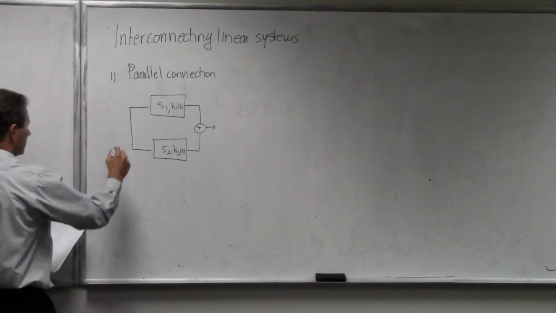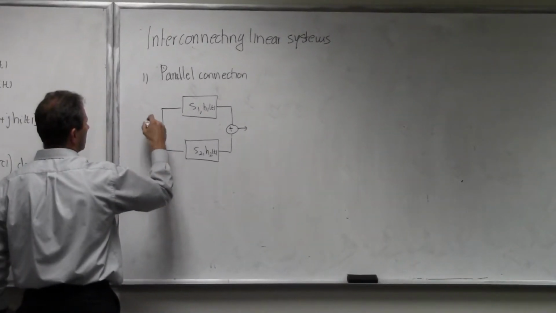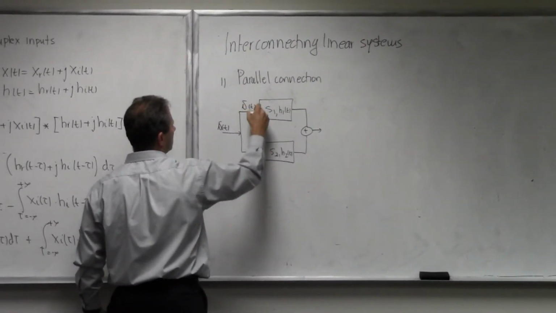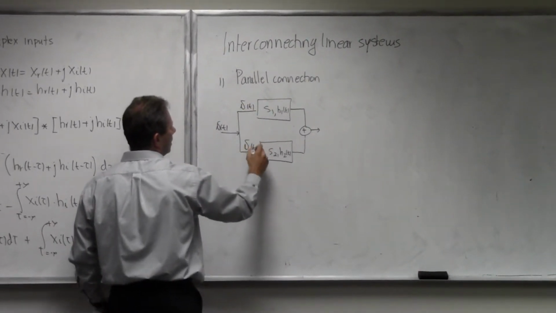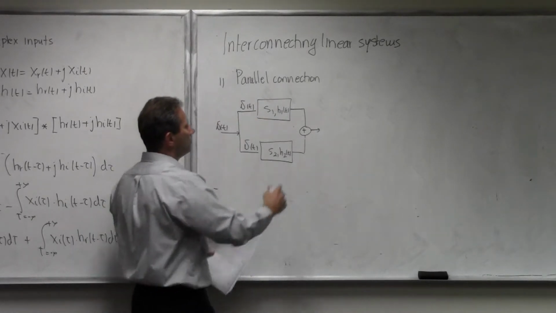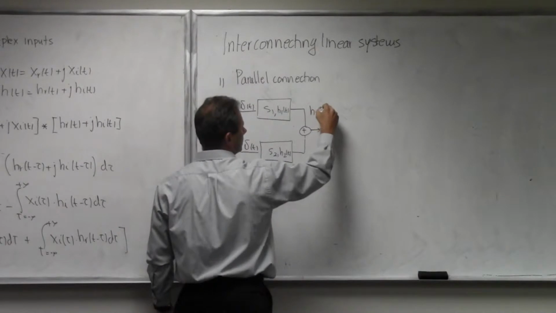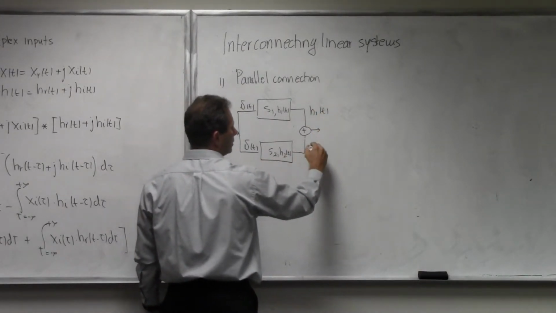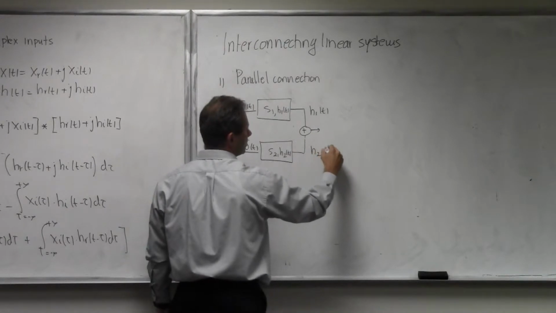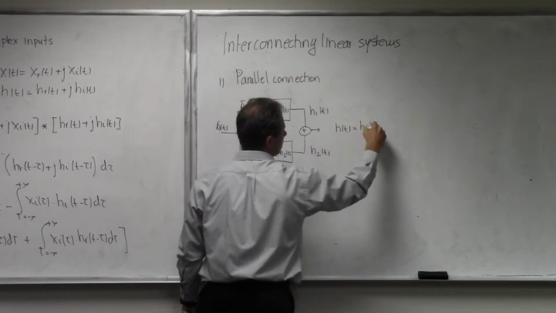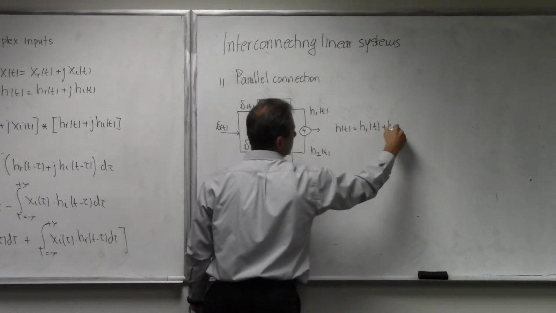Now, if I present delta of t here, essentially presenting delta of t and delta of t, if delta of t is presented to S1, you end up with h1 of t at the output. If delta of t is presented to S2, you end up with h2 of t at the output. Therefore, the h of t here is going to be h1 of t plus h2 of t.